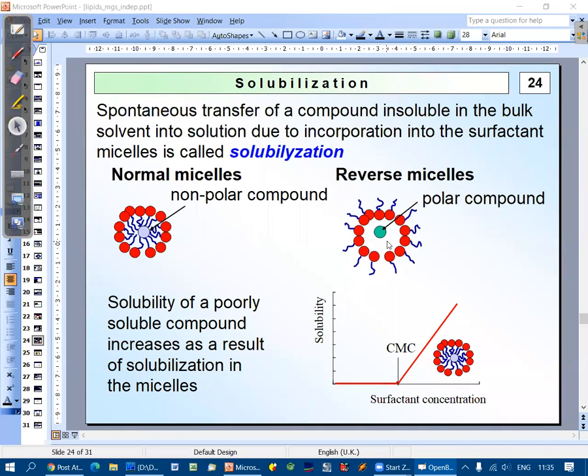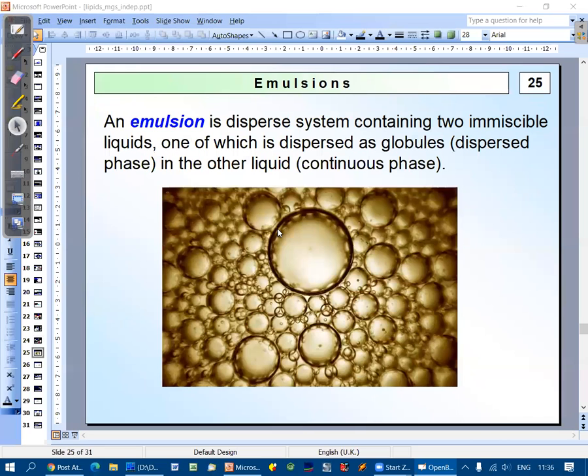And in the presence of corresponding micelles, for example, the solubility of compounds in polar solvents will increase because they will be solubilized inside such micelles.